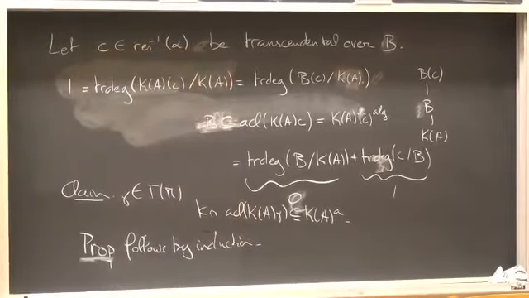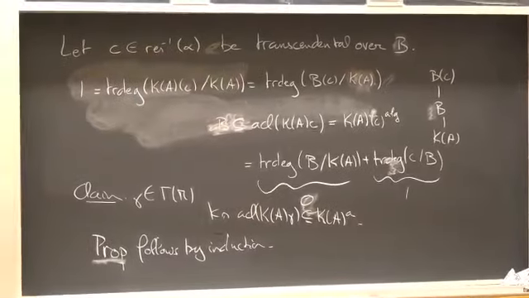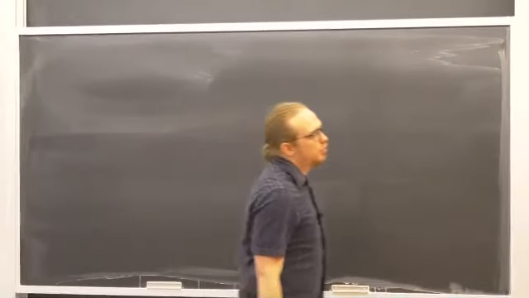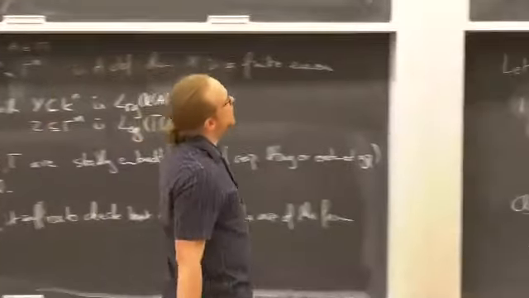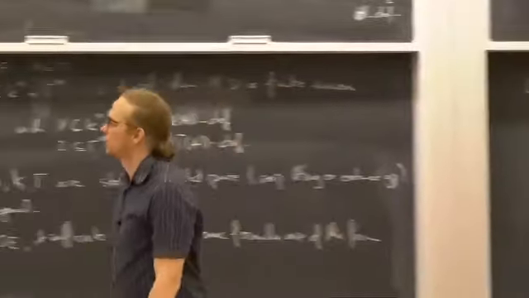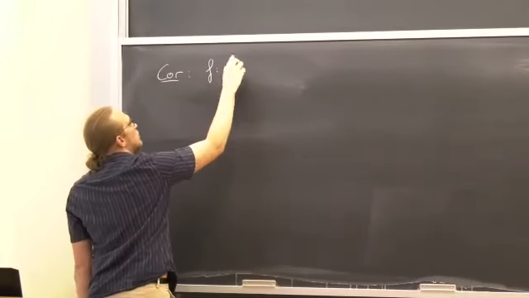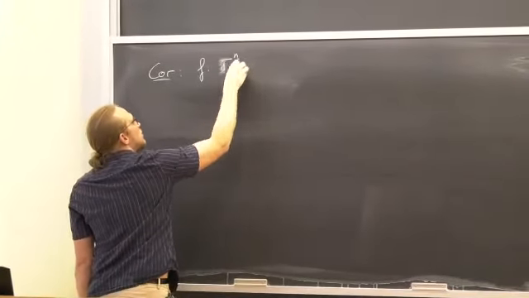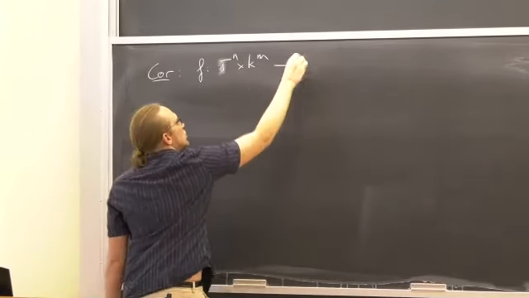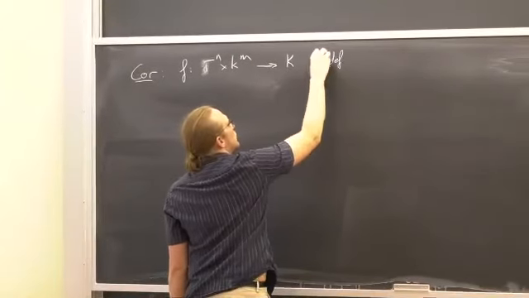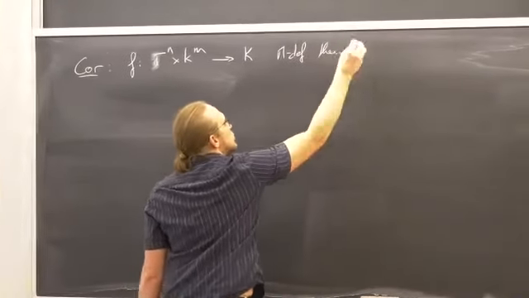So I just want to point out, it's a little hidden, but we've proved something very strong. Because we've proved the following. If we have f from gamma n cross km to k, which is definable with parameters, then it has finite image.